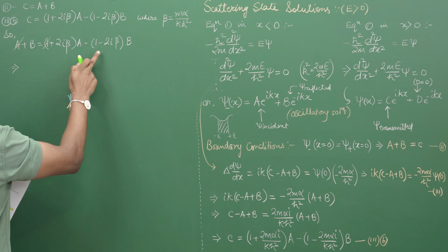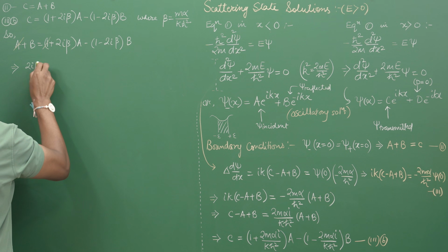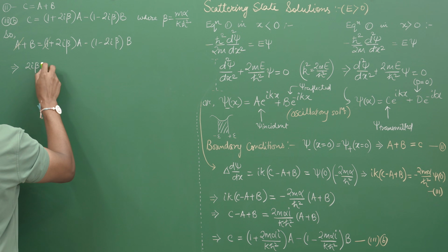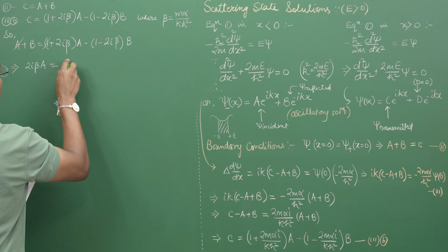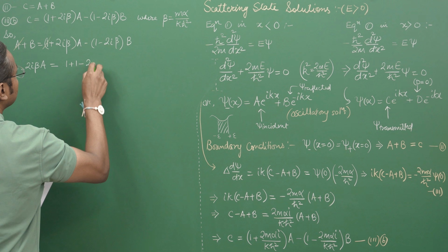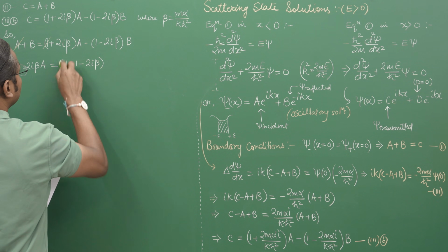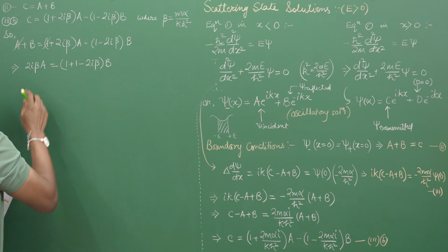So if I take b to this side, so this essentially becomes 2 iota beta a is equal to this plus this. So 1 plus 1 minus 2 iota beta b. So this becomes 2 minus 2.